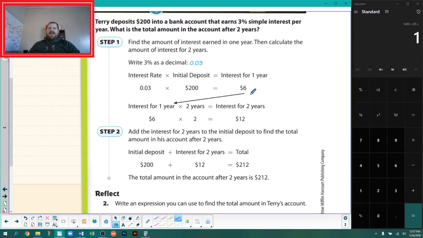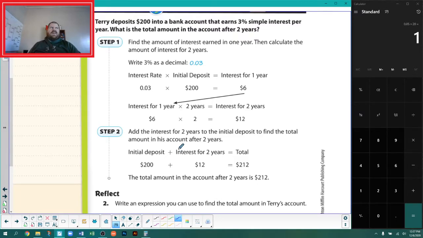It may be the case that it's this way. I'll talk about what I mean in just a second. So Terry earned $6 a year on his $200 that he deposited. So after 2 years, he has $212. $6 times 2 is $12, and add that to the initial deposit.